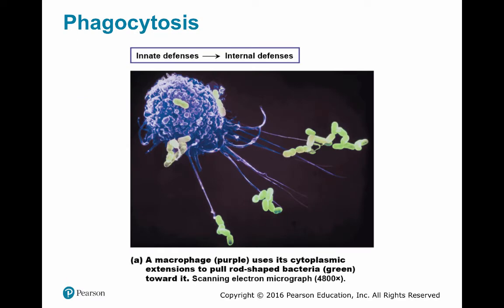And so basically it kind of gives you an idea here of innate defense turning into internal defenses. Here's a picture of a macrophage, and it's using these cytoplasmic extensions to pull rod-shaped bacteria towards it.